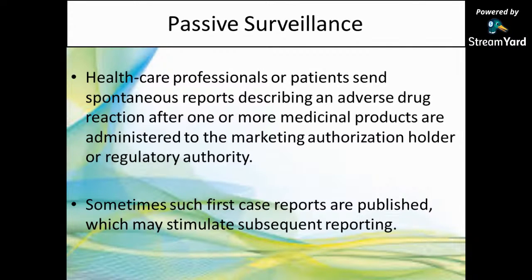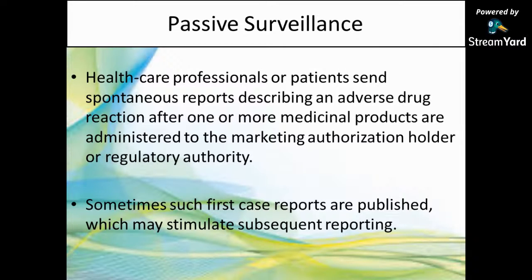Which is this information? Okay, the documents related to the adverse event or any diagnostic test. If the patient has performed any diagnostic test or laboratory test, the document of that test needs to be attached with the case report.